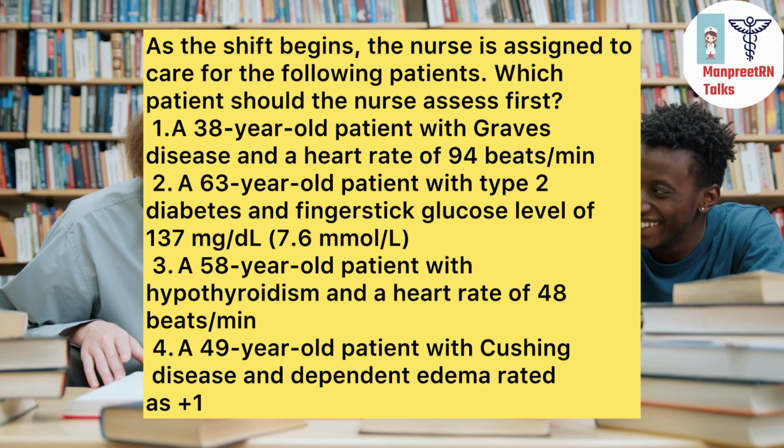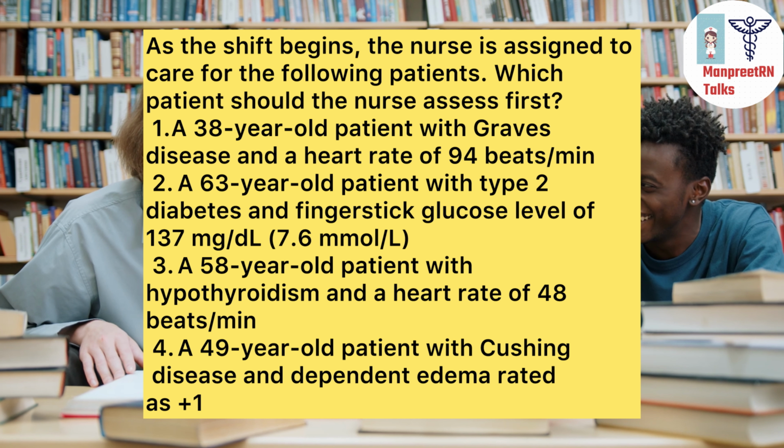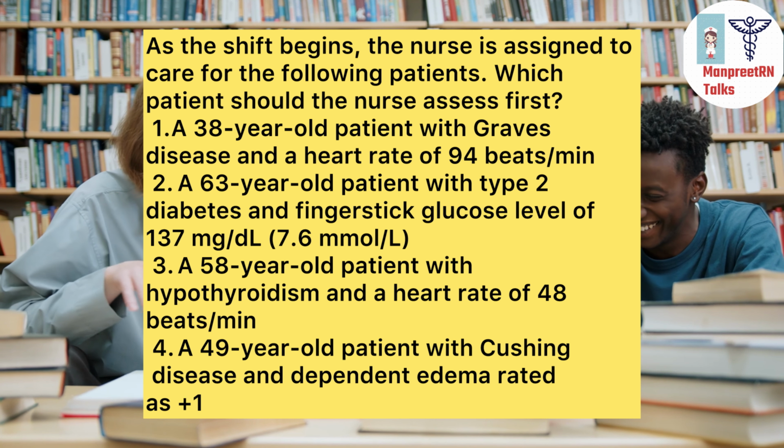Option three, a 58-year-old patient with hypothyroidism and a heart rate of 48 beats per minute. Option 4, a 49-year-old patient with Cushing disease and dependent edema rated as +1. So think, what will be your answer?